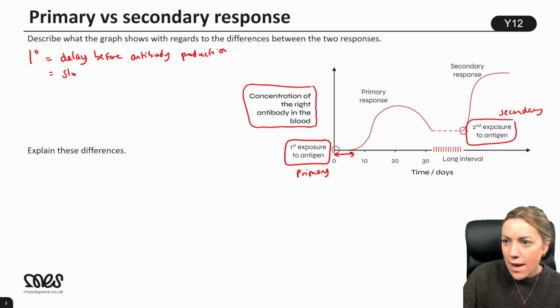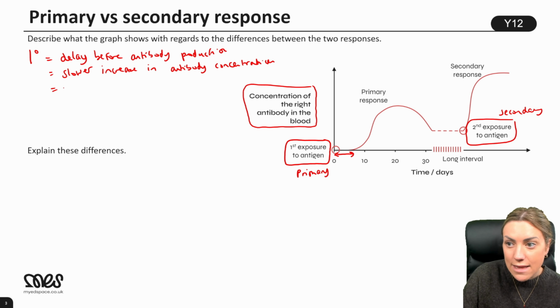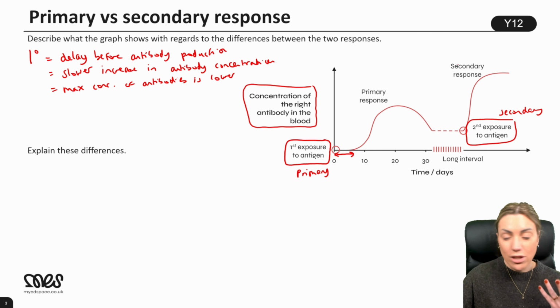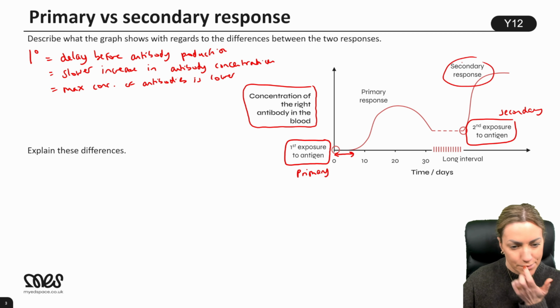There's also a slower or more gradual increase in antibody concentration. And we can also see that the maximum concentration of antibodies is lower compared to, if we have a look at the secondary response over here, the maximum or the peak concentration of antibodies is much higher, okay?